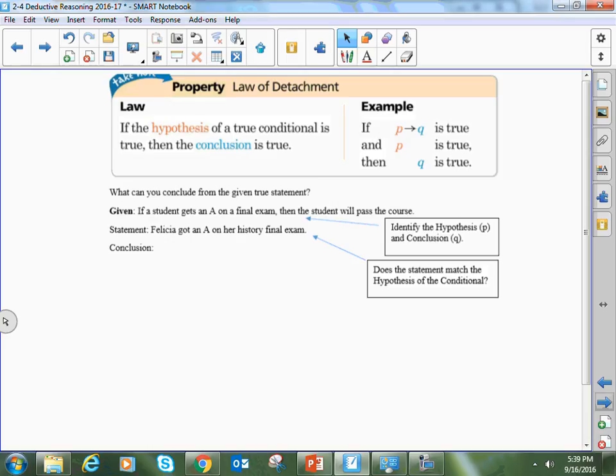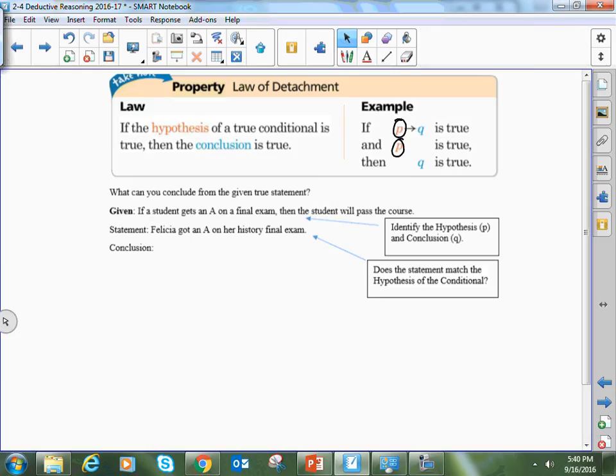Looking in the picture here, the property of the law of detachment is saying we're looking at the hypothesis of the conditional statement, and then in the example it says, well, we're going to look to see, is the hypothesis of the conditional statement, and this should really be talking about the subject of the other statement, and if it is, then that means we can draw a conclusion.